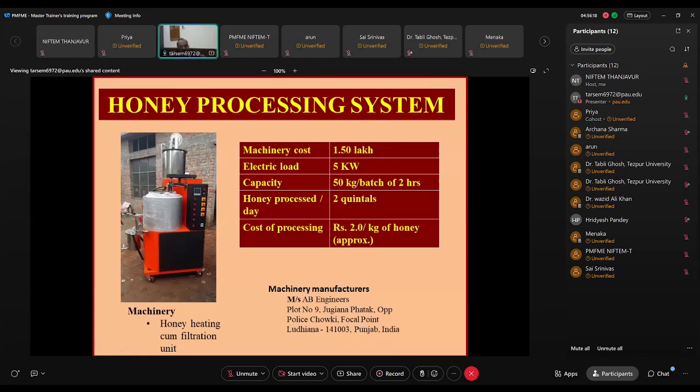Many such units have been sold in the rural areas of Punjab where honey production or processing takes place, and it's getting very good response from the processors or small entrepreneurs who are in this business of honey processing or some agro processing business.